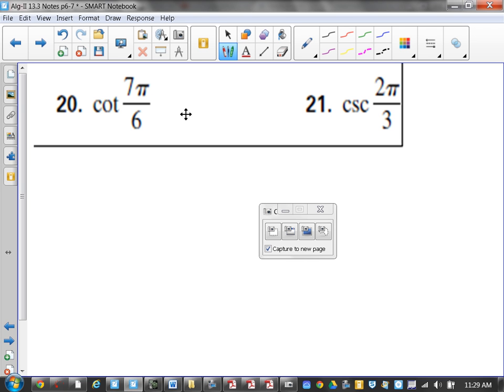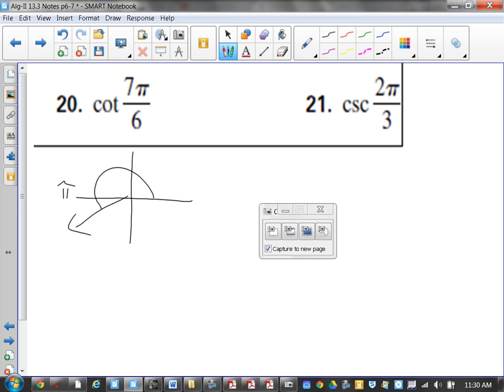Here's what I want you to do. You know that that's pi, right? And you know that this is 1/6 more than that, right? What's my reference angle? I'm pi over 6 past pi. I'm 1/6 more than 6 over 6.